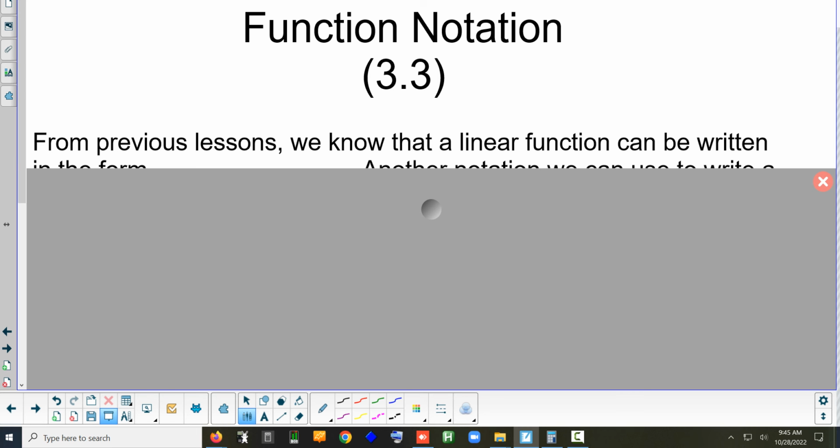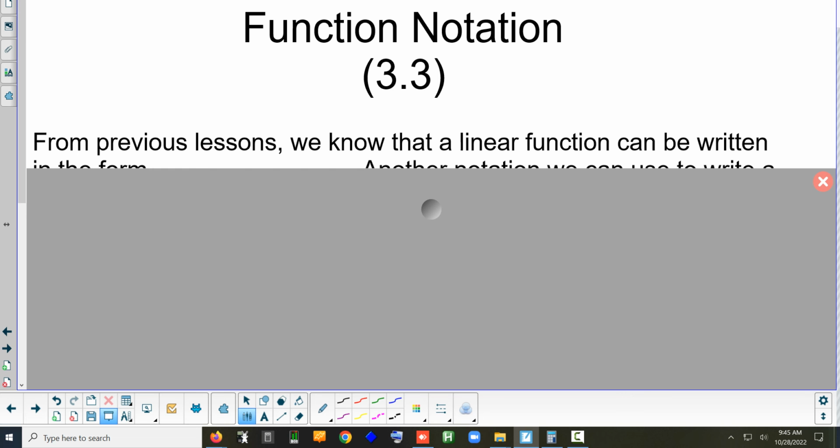All right, so we know that linear functions can be written in a certain way. Does anybody remember the equation that you can use that represents a line? It starts out y equals, yeah?